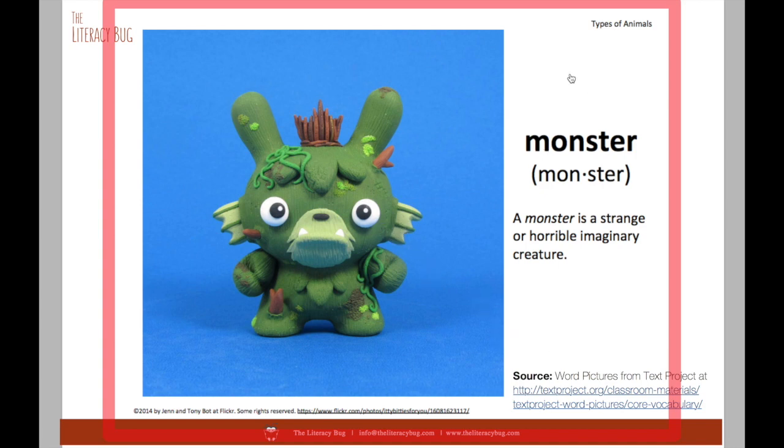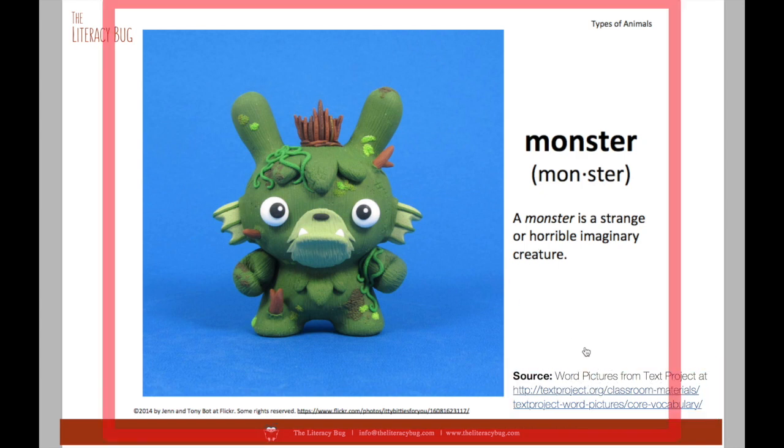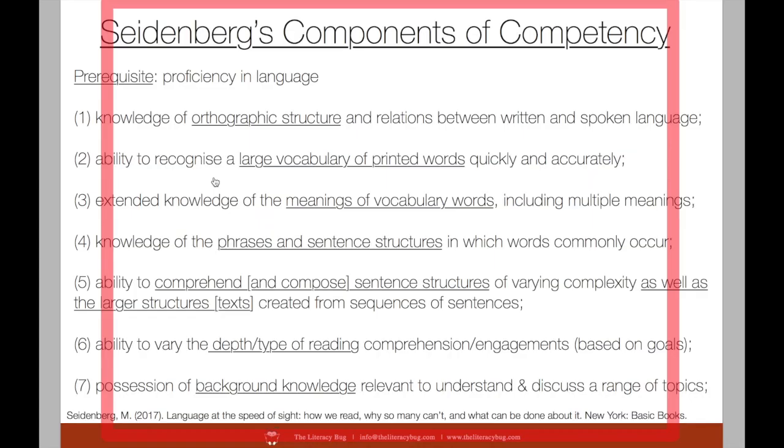If you want to have picture cards such as this, a great source is down here at Text Project. They've got collections of vocabulary cards that can help with learning to integrate those decoding skills into reading full words and more complex words.